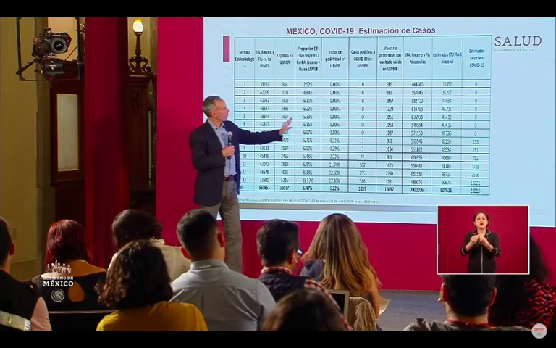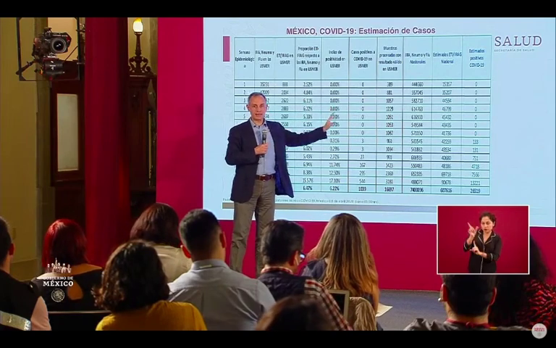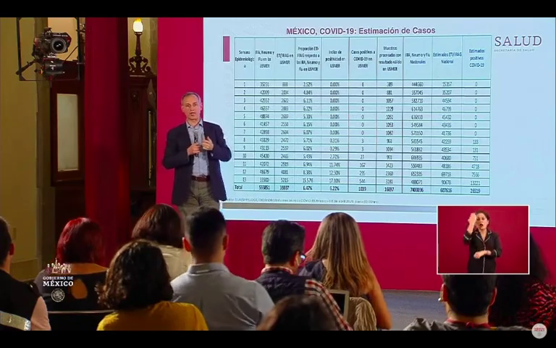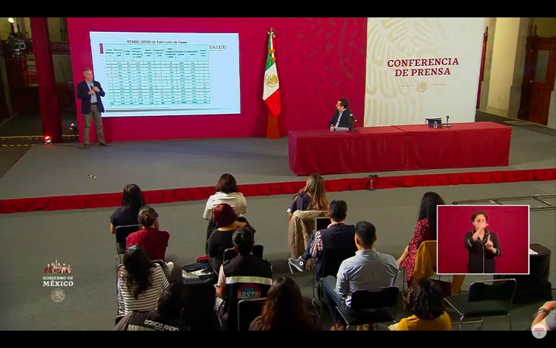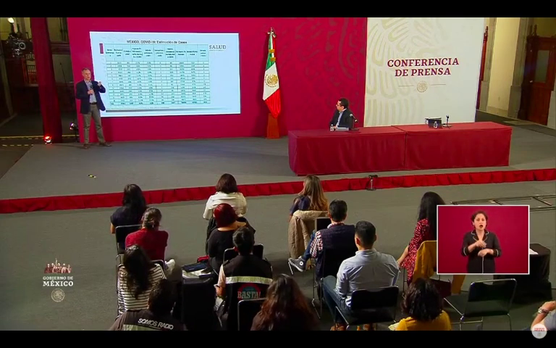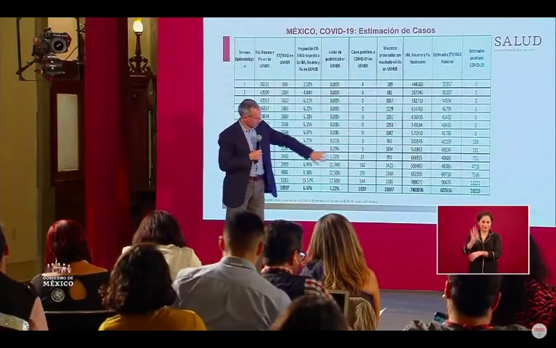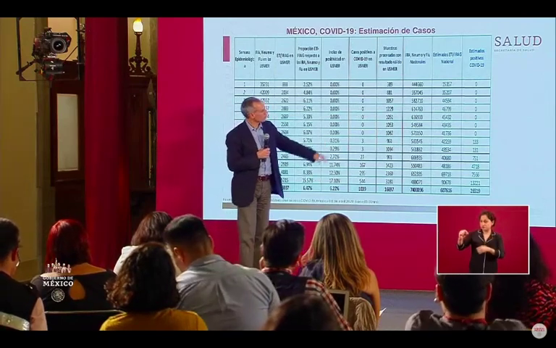So far, in the information that we're giving, we have no laboratory test. Now on this column, here we have the laboratory test. And then we have the positivity index, which means out of the tests that were implemented, how many were positive for SARS-CoV-2 in this percentage. Remember that we've been presenting this percentage, and it has been going up.